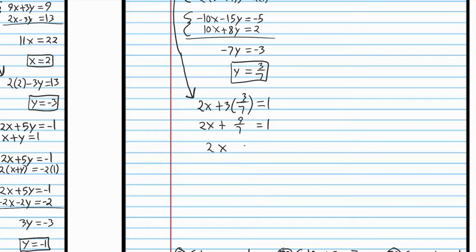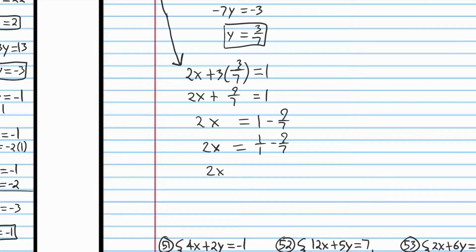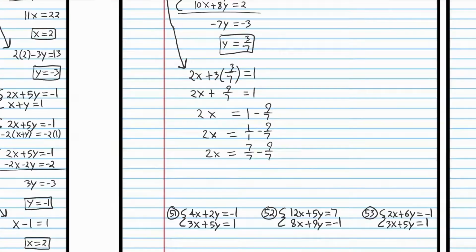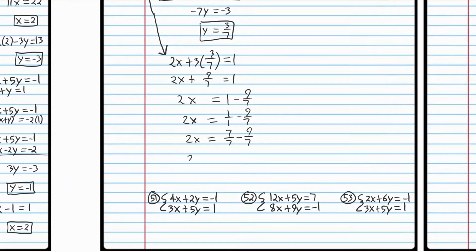Subtract 9/7 from both sides. The 1 over 1 becomes 7 over 7. And 7 over 7 minus 9/7 is negative 2 over 7.